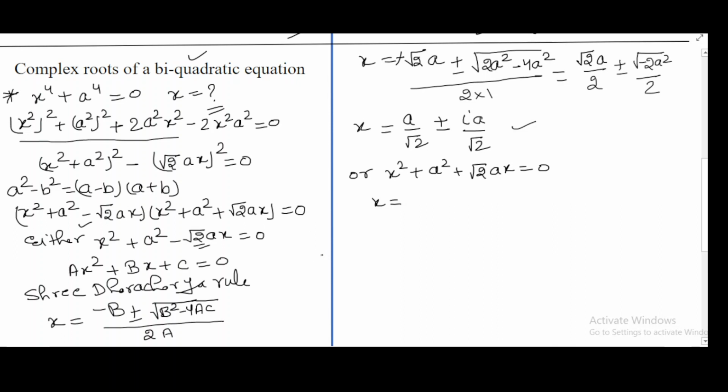The values of x will be minus a upon under root 2 plus minus i a upon root 2, and these are the final 4 values of x. These are the required values of x, and this is our answer.